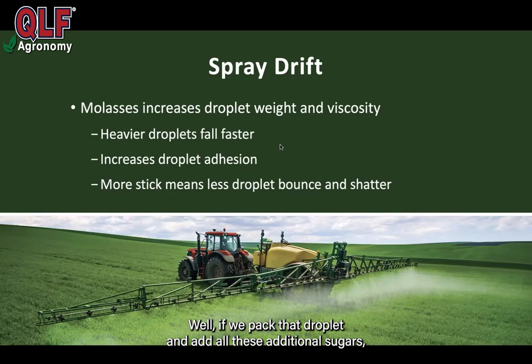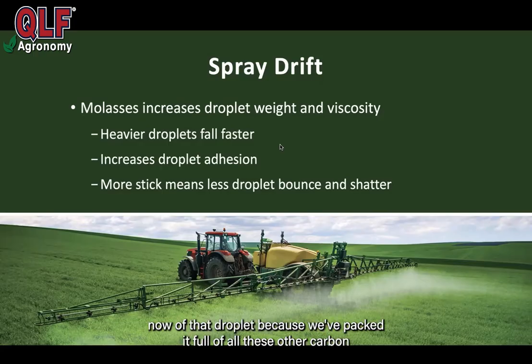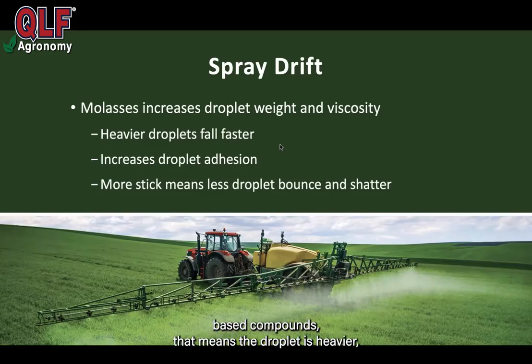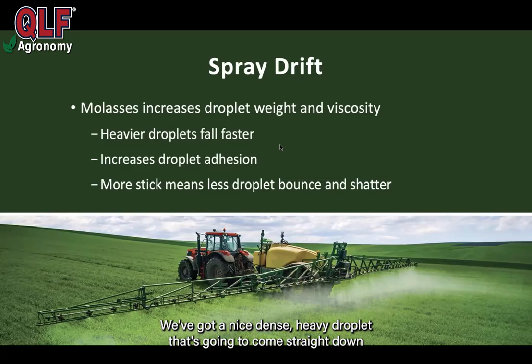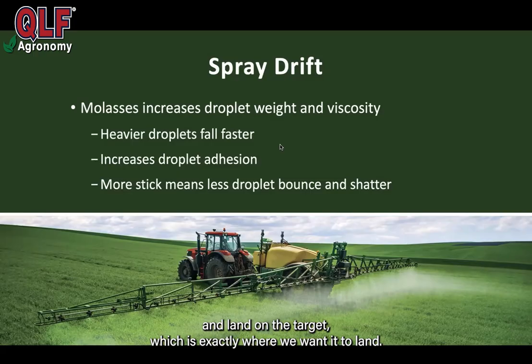Well, if we pack that droplet and add all these additional sugars, organic acids, amino acids, etc., we increase the density of that droplet because we've packed it full of all these other carbon-based compounds. That means the droplet is heavier, and that means it's going to fall faster down to the target. So it's not going to be picked up in the wind. We're not going to drift off through that wind. We've got a nice, dense, heavy droplet that's going to come straight down and land on the target, which is exactly where we want it to land. So it's about heavier, denser droplets.